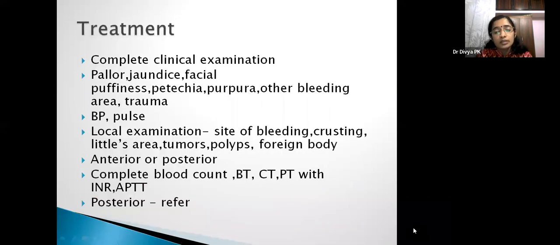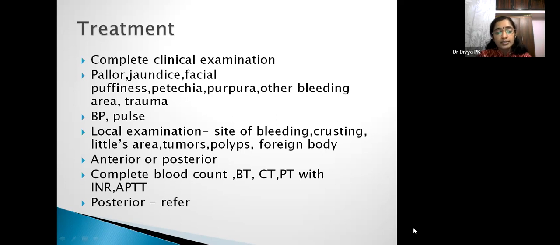How to do a complete clinical examination: look for pallor, jaundice, facial puffiness, petechiae, purpura, or other bleeding areas, associated trauma, and whether it is antenasal or postnasal bleeding, bleeding from the ear or from any other areas.